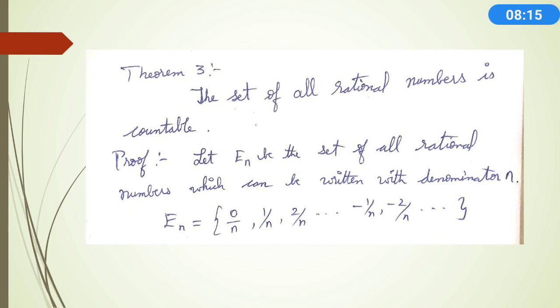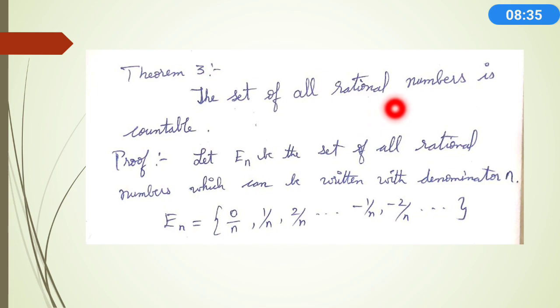The next theorem statement is this: the set of all rational numbers is countable. Again here, what is the main thing you want? Countability. Countable means it should be finite, or it should be denumerable. What do you mean by rational numbers?